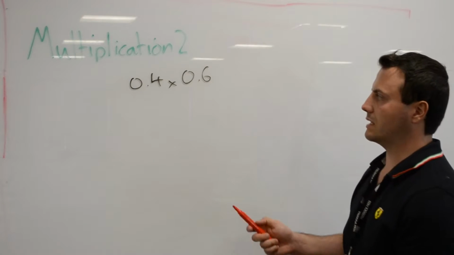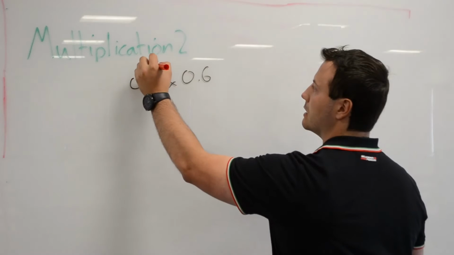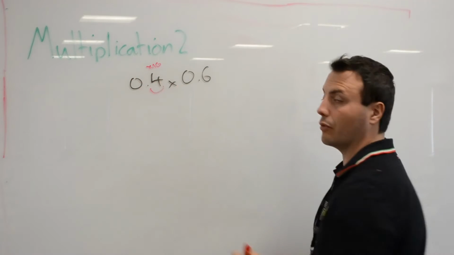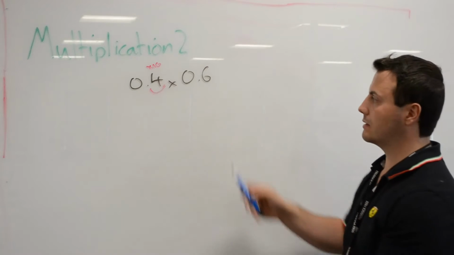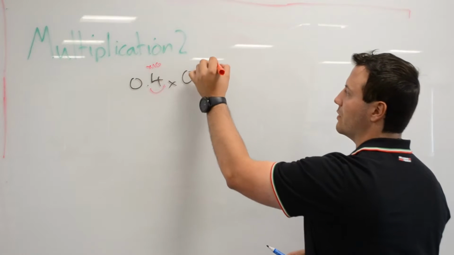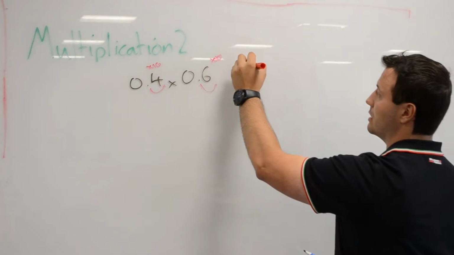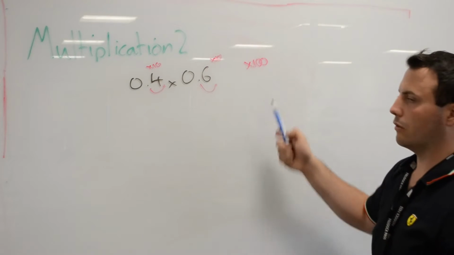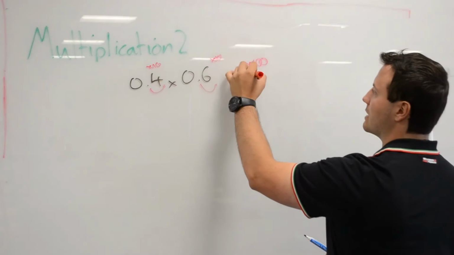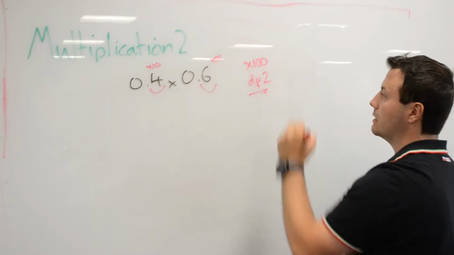So in this case, we can see that to get rid of the decimal point here, we're going to need times 10 to move the decimal point 1 to the right, and to get rid of the 0.6, another times 10 to move it to the right. So in total, we say that we've had to do times 100, because it's 10 times 10, or you can say decimal point has moved to the right 2 places.